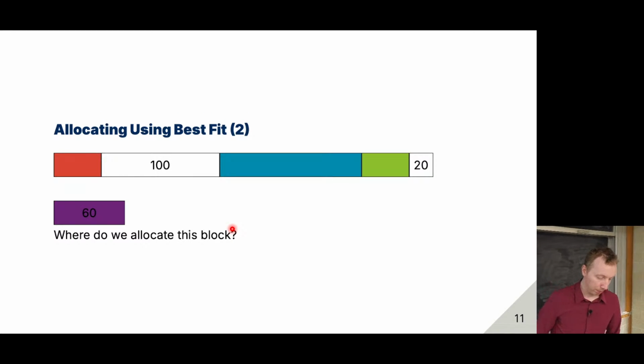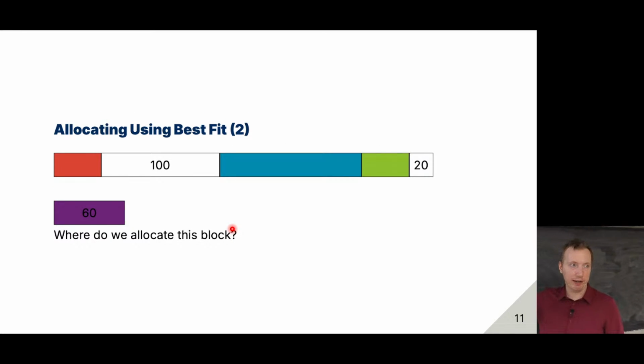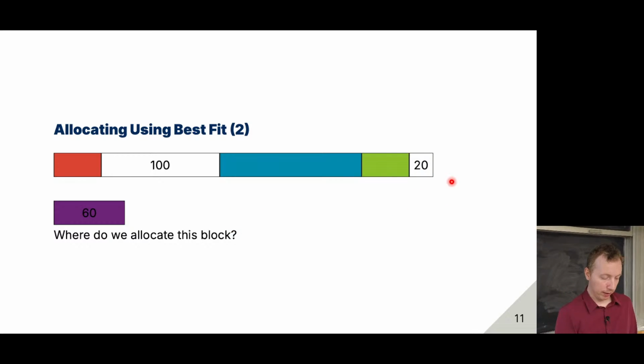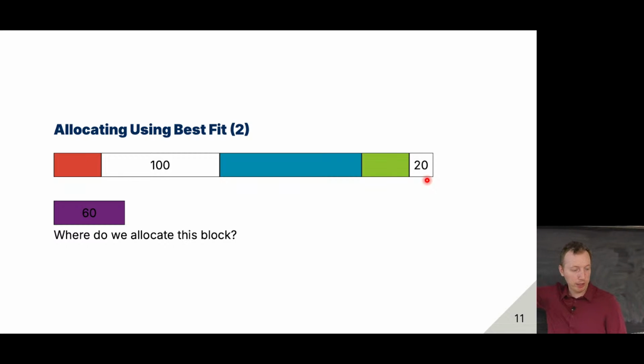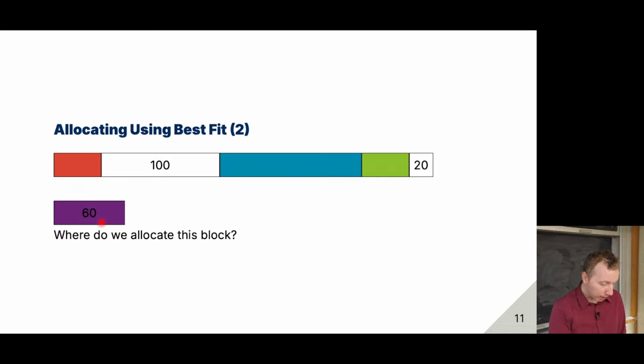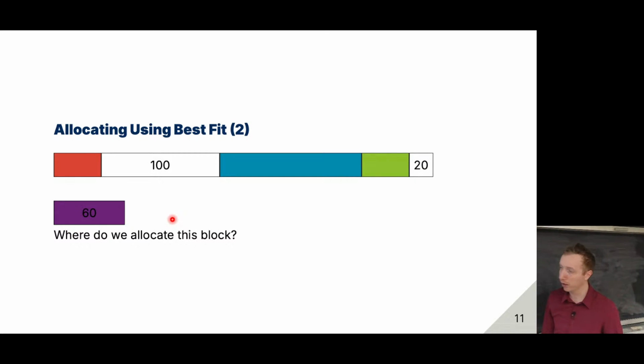So I would put the green one there at the beginning, at the end, doesn't really matter. I would split it off, and then of that 60, well, I use 40 of it for the allocation, and then there's another entry in my free list that's 20. So now I have 120 bytes left. So now, I have this purple allocation comes in, that's 60 bytes, that's a bit hard to read.